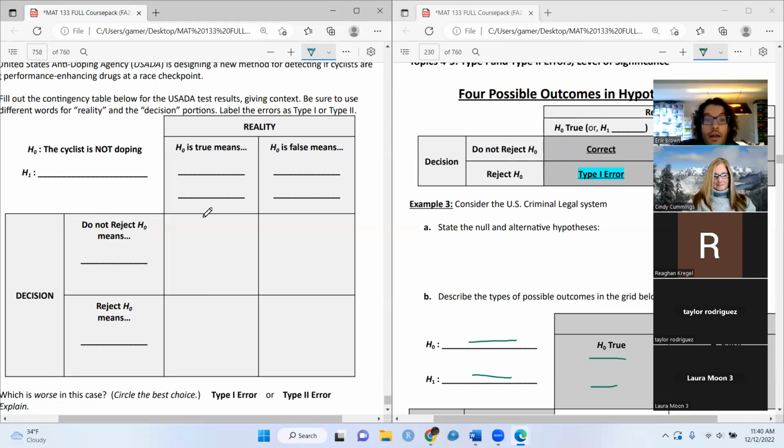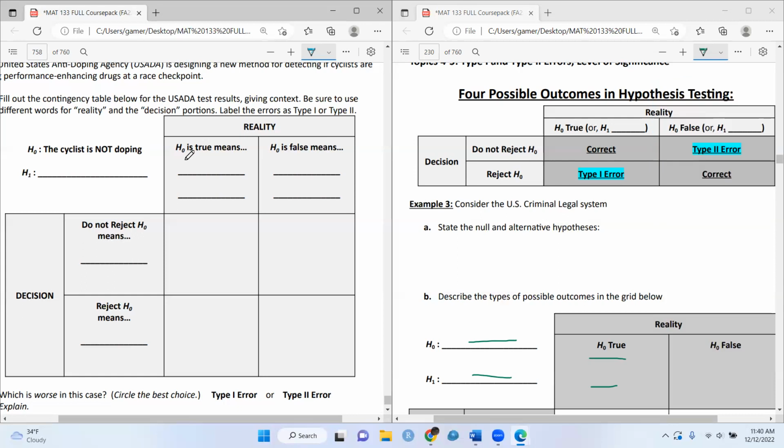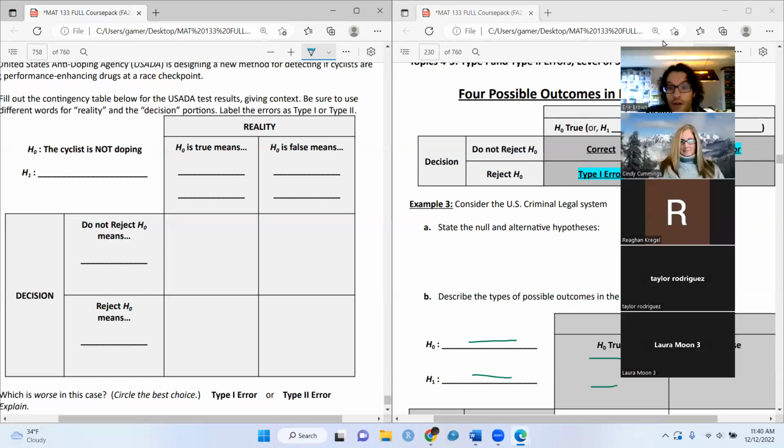So if in reality H0 is true and you do not reject H0, that's the correct decision. But if you do not reject H0 and in reality H0 is false, that means you messed up: the cyclist was not doping, but you claim they are doping. And so you punish a cyclist unfairly, is the idea.